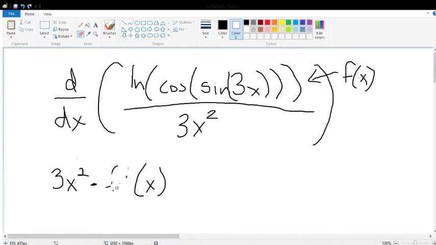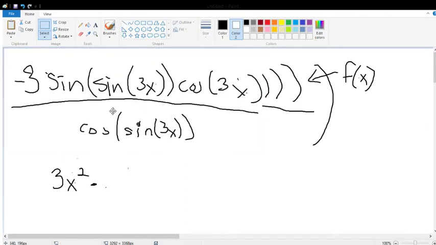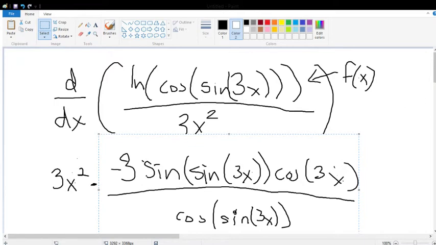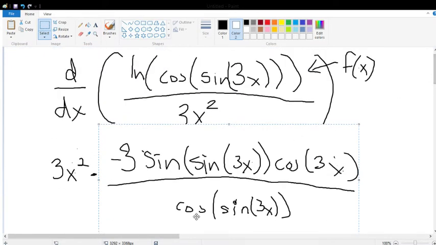And we finally have the derivative of the top function, which is what we just did. This is the derivative of the top function. Yeah, this is all just for quotient rule.